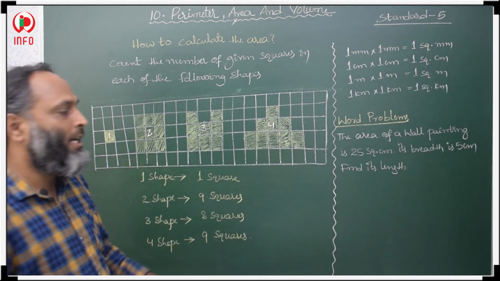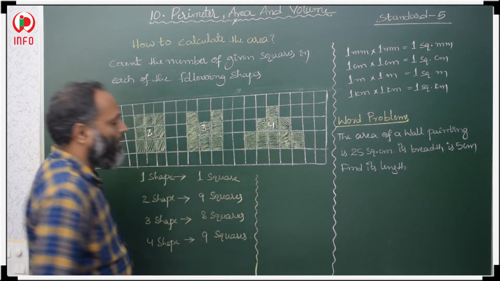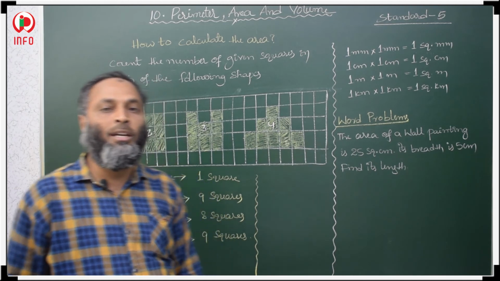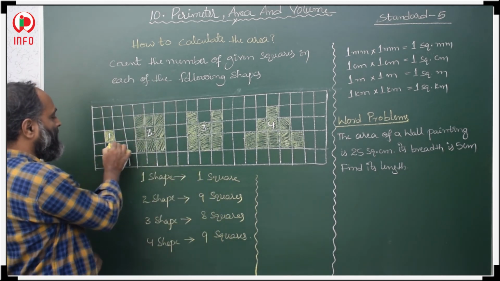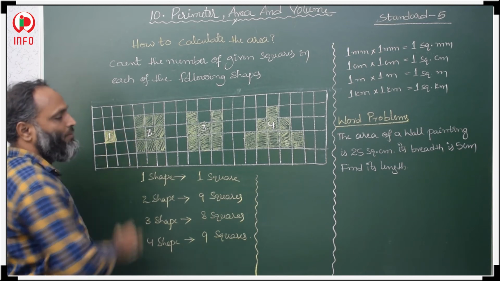Then what is the actual area? In area we have to take length into breadth. Suppose in this square, length is 1 unit and breadth is 1 unit.